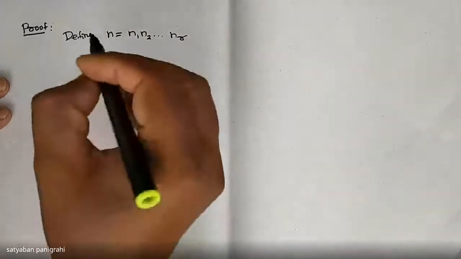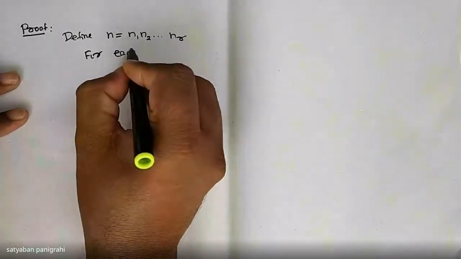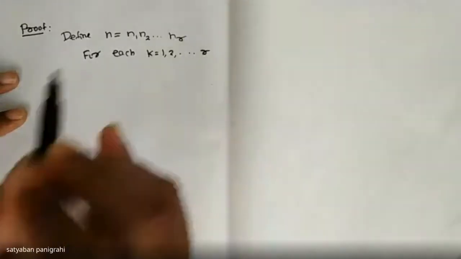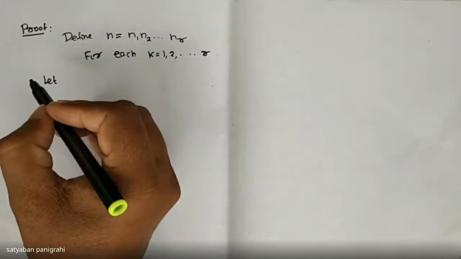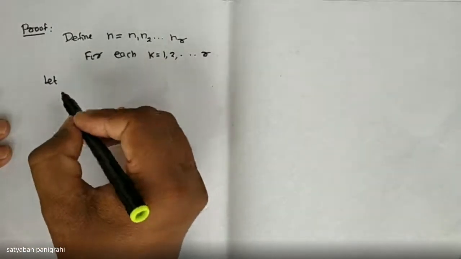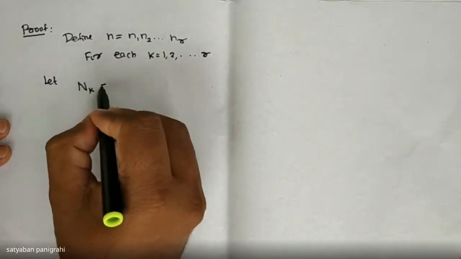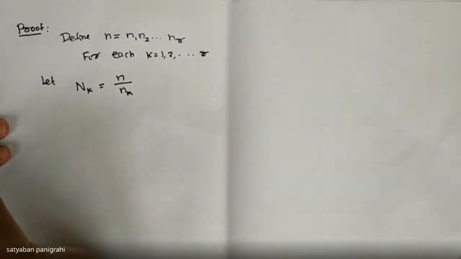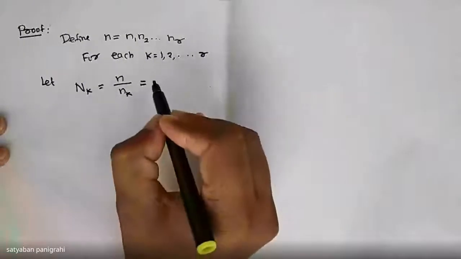Now, for each k equals 1, 2 up to R, we define small nk equals N divided by Nk.